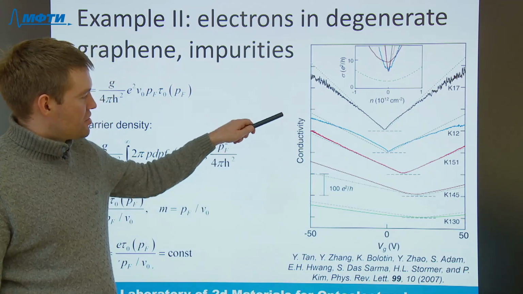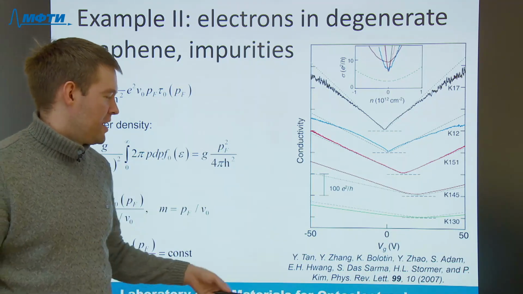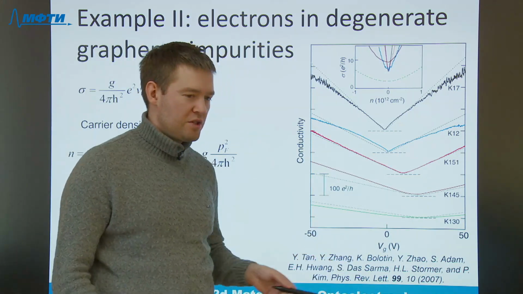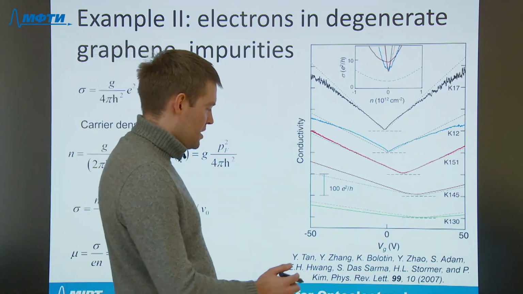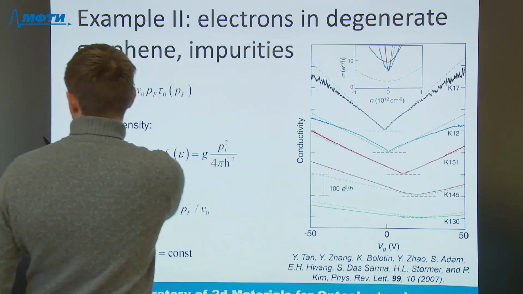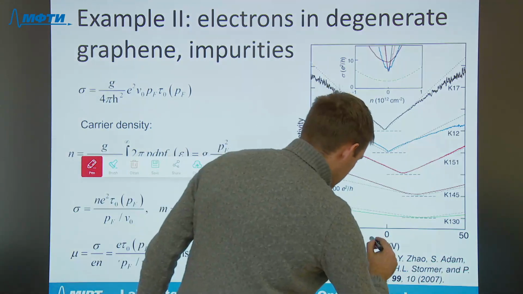You can measure the conductivity with respect to the attracting electric potential at the metal gate, which is actually proportional to the carrier density.